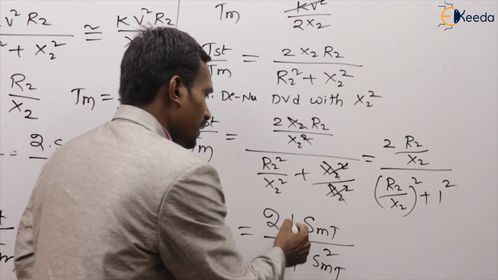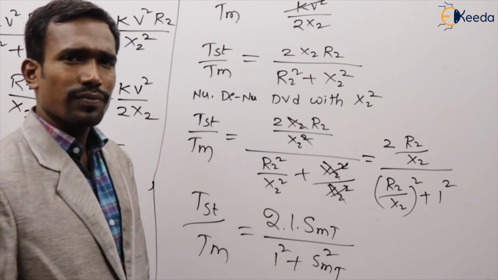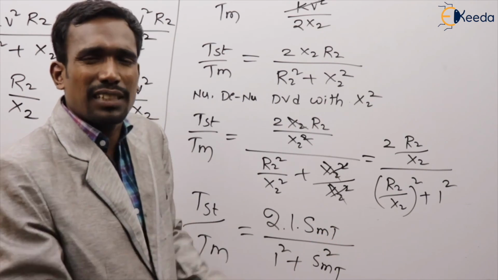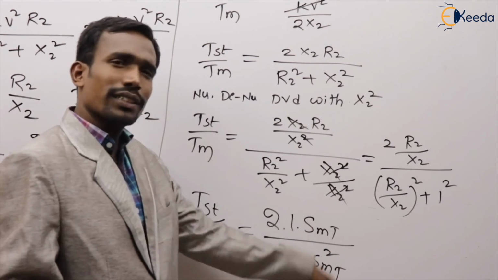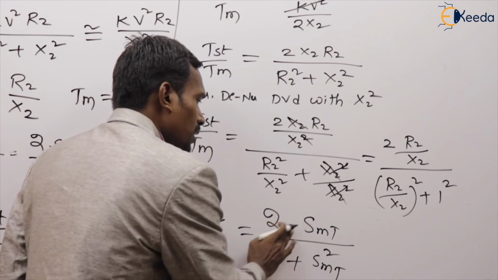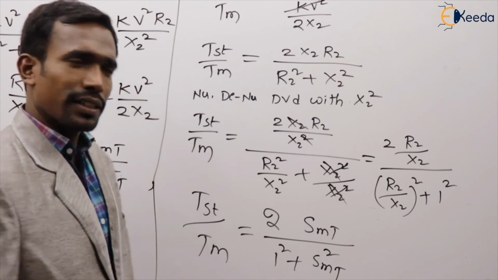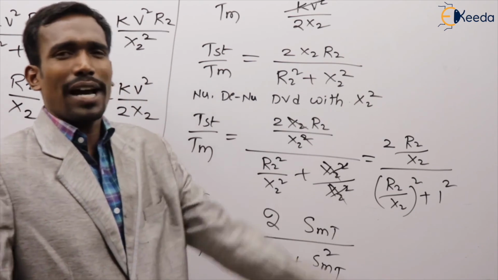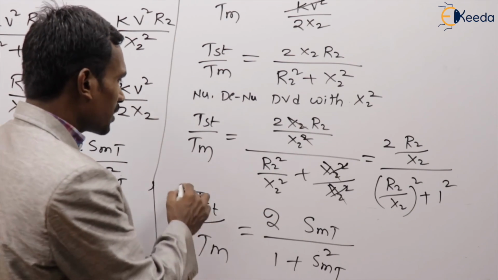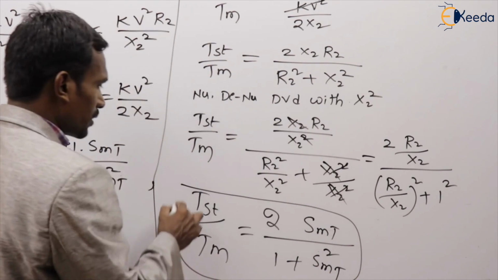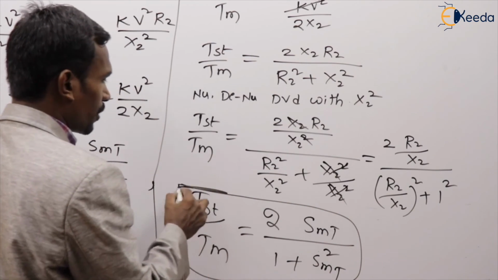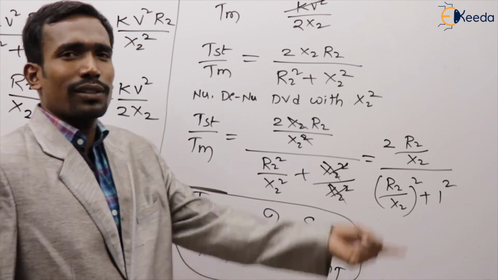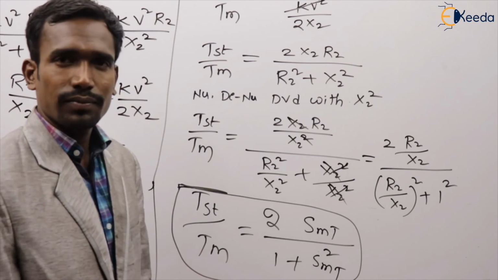For example, I am taking 1: 2 into 1 into SMT is nothing but 2 into SMT, divided by 1 square, nothing but 1 plus SMT square. Okay, this is the final equation: 2 into SMT divided by 1 plus SMT whole square is the good answer.